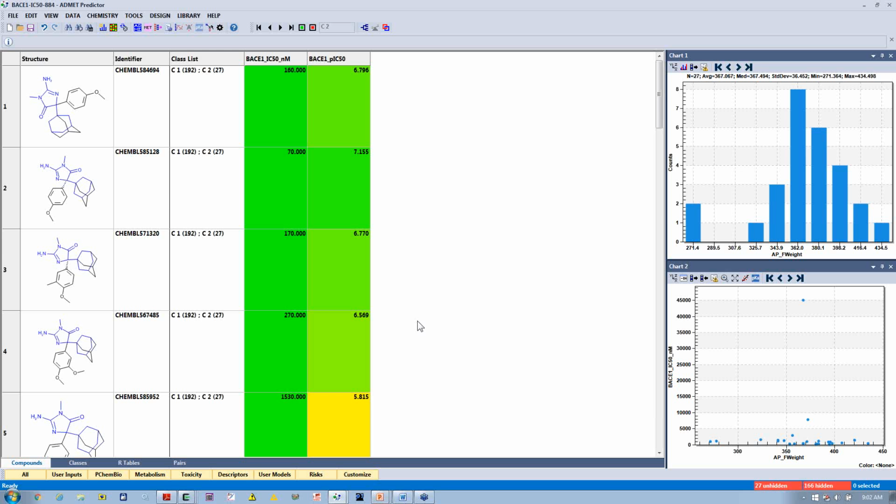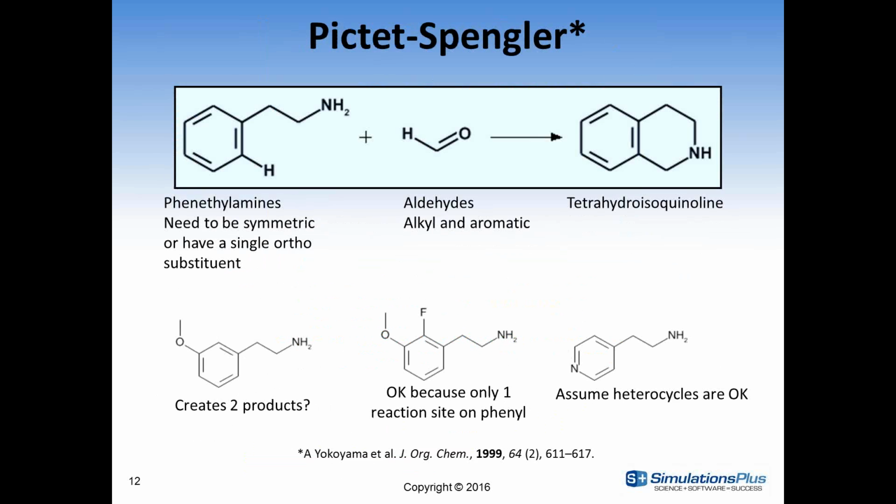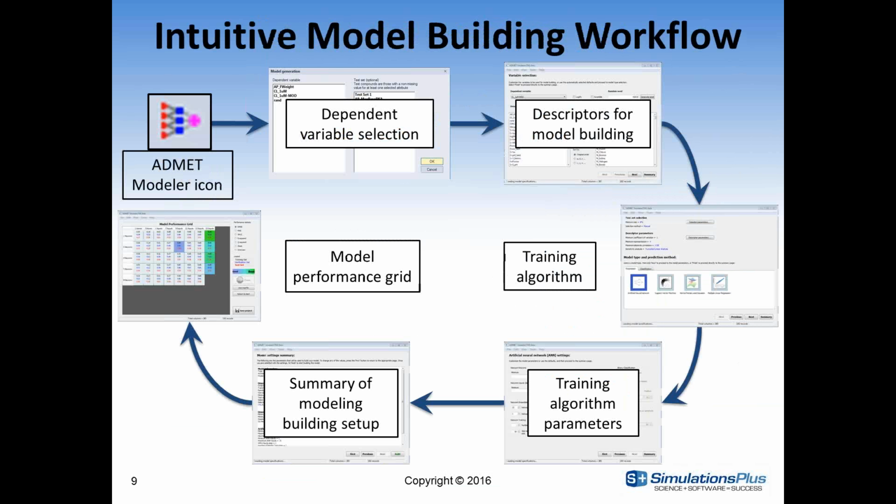Sure. Okay. So if you have descriptors that you've calculated outside of ADMET Predictor, you could import them. You could have those included in the SMILES or SDF file that you read in, and then once you go through the interface. So in this, let me back up a little bit.